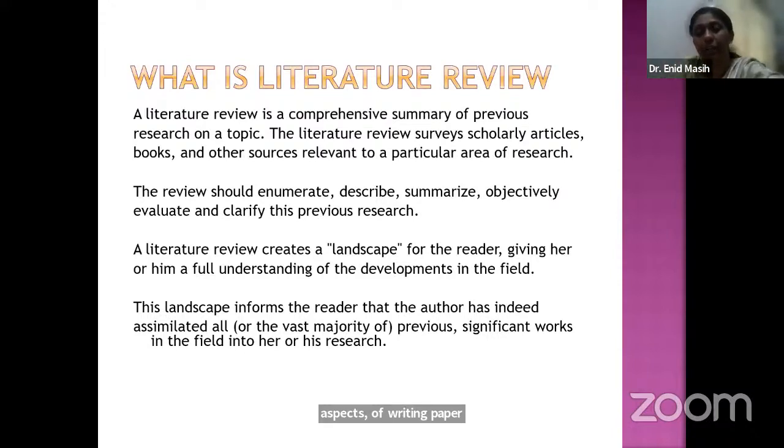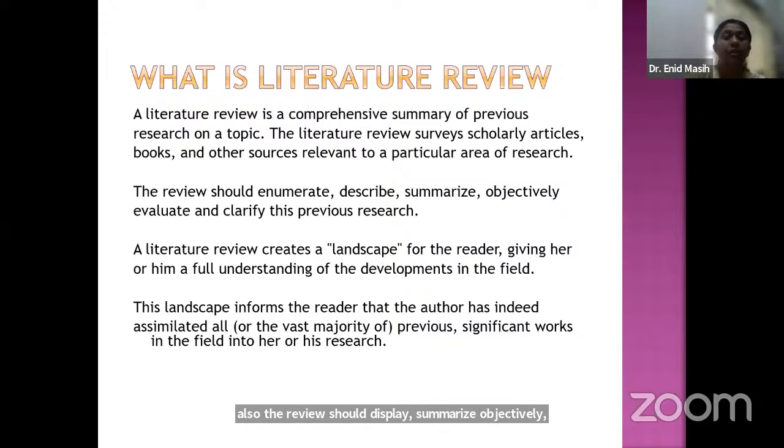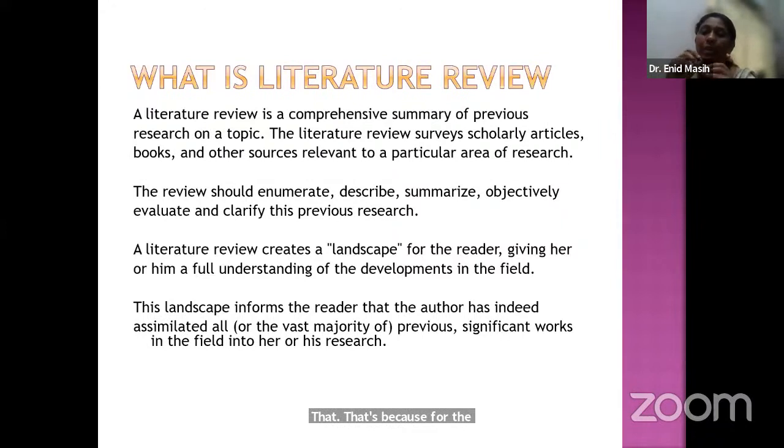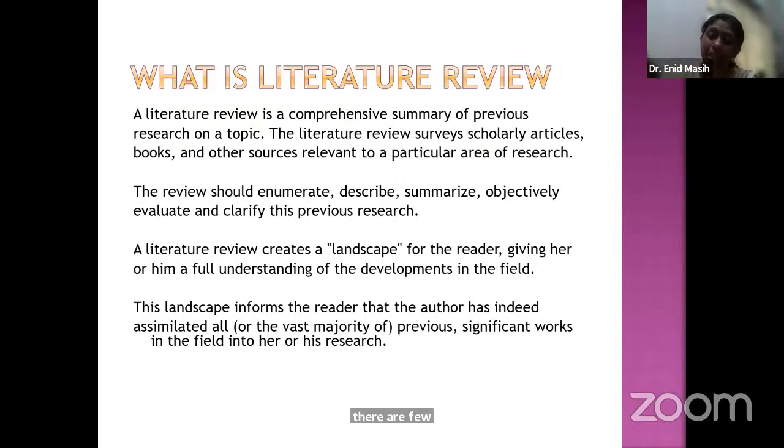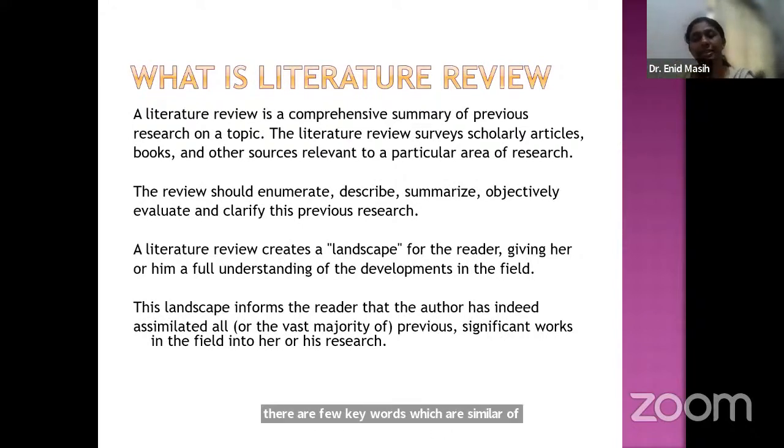The review should enumerate, describe, summarize, objectively evaluate and clarify the previous research. Like I said in my previous slide, just because there are a few keywords in my study similar to another study, and I select that study as part of my literature review, it's not correct.